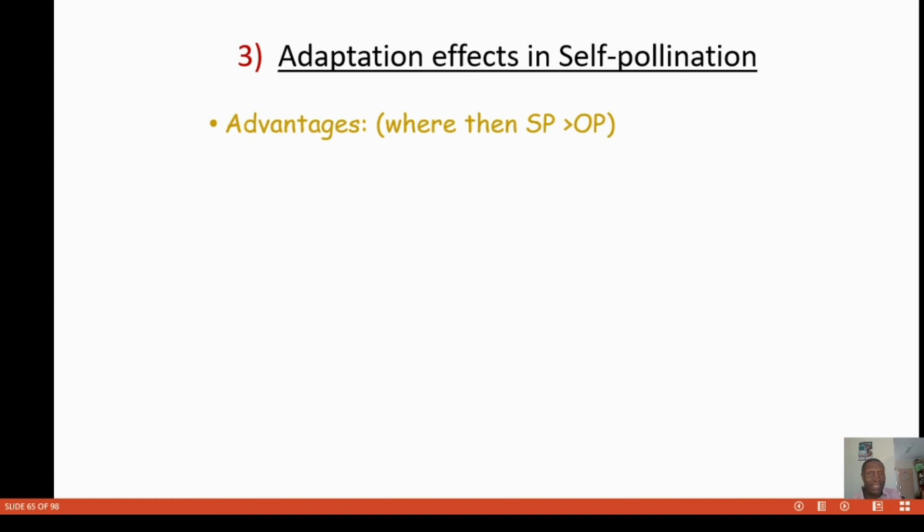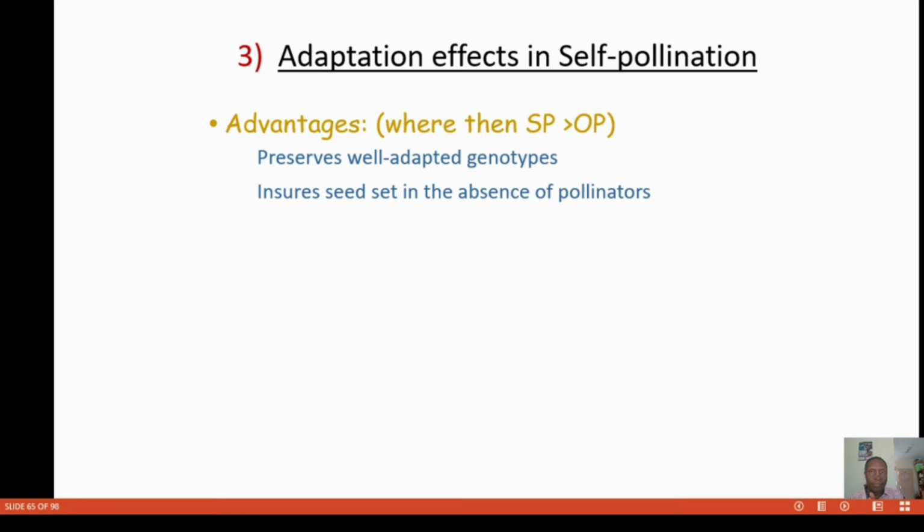And there are advantages over outcrossing pollination. Well-preserved genotypes are available, breeding true to type. And there is no need for pollinators to come in.